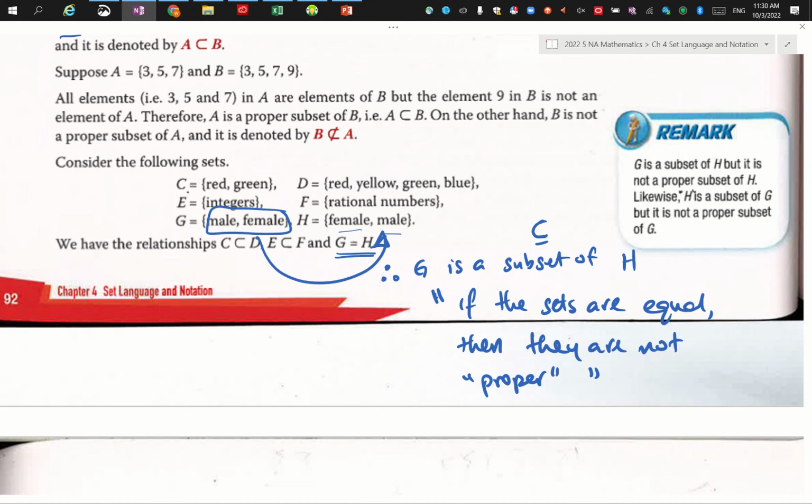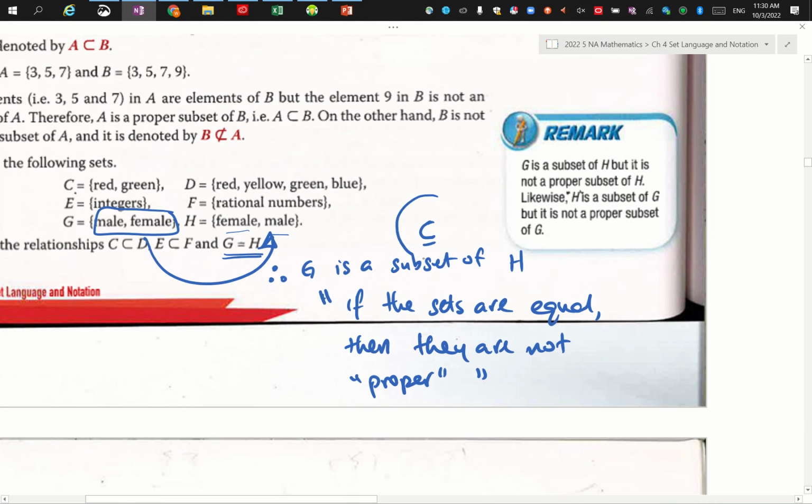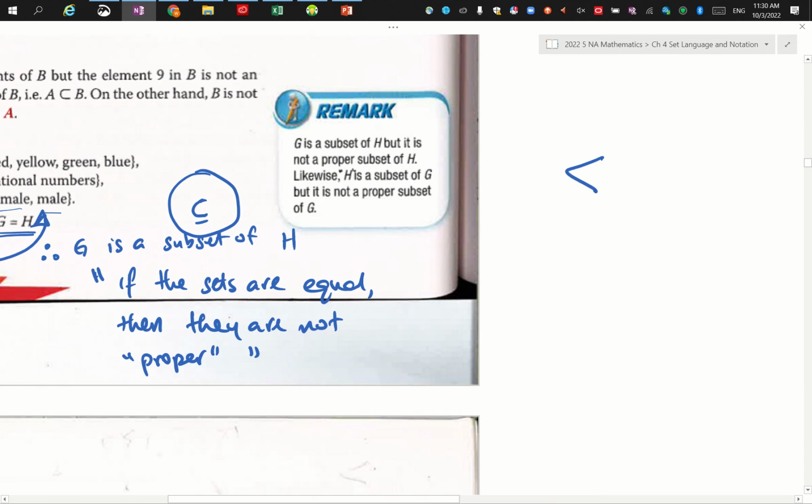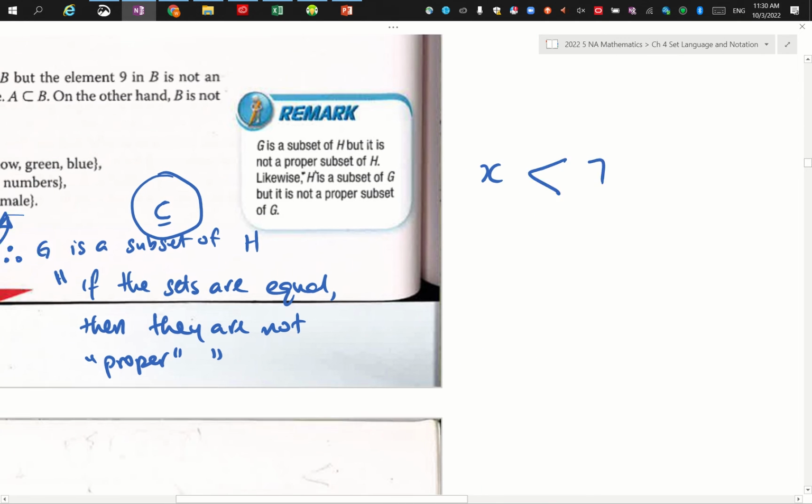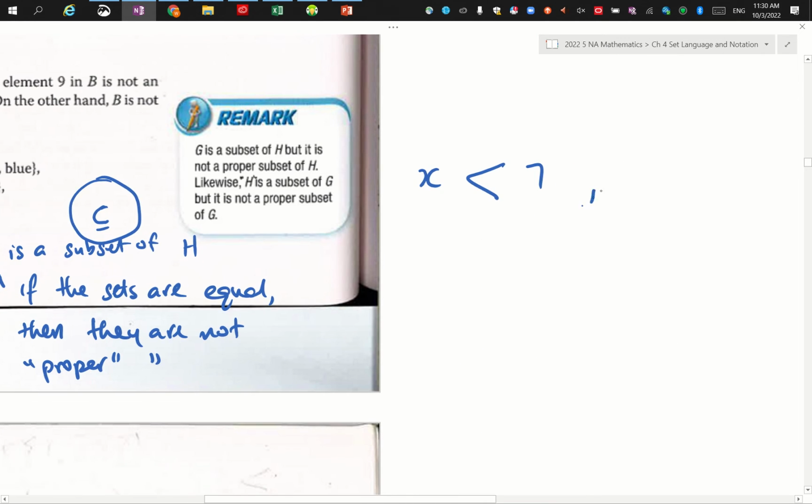Subset, okay. So you see this symbol here for subset, right? Does it remind you of something? Does it look like an inequality to you? You know this less than symbol? When I say x is less than 7, then x could be equal to, for integers only, 6, 5, 4, and so on, right?